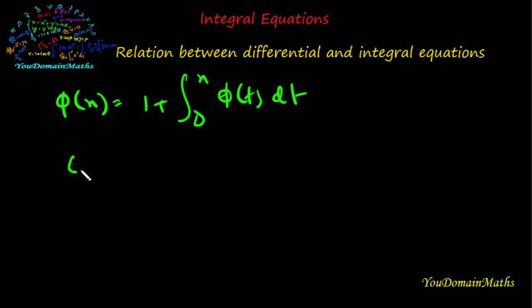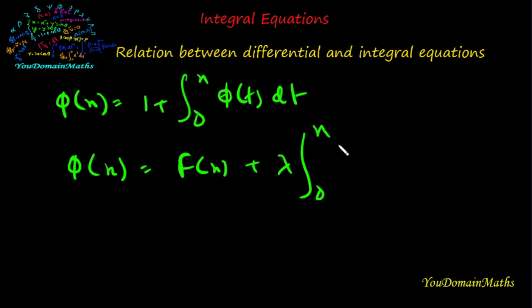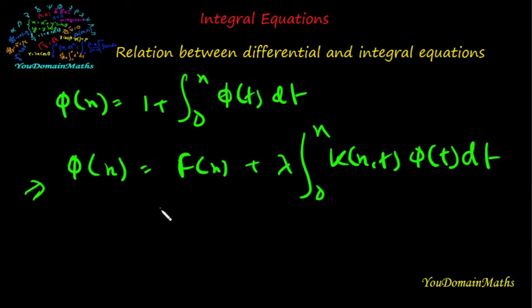It has the pattern f of x plus lambda times the integral from 0 to x of the kernel K of x comma t phi of t dt. In this shape it is called a linear integral equation, a Volterra integral equation, and of the second kind also. So this is a linear Volterra equation of the second kind.